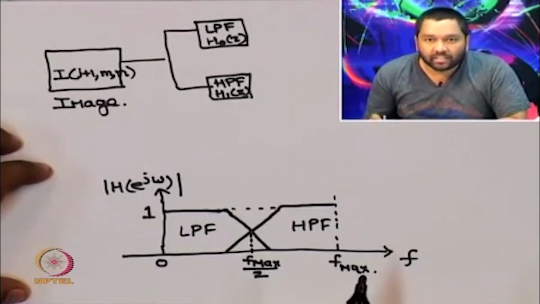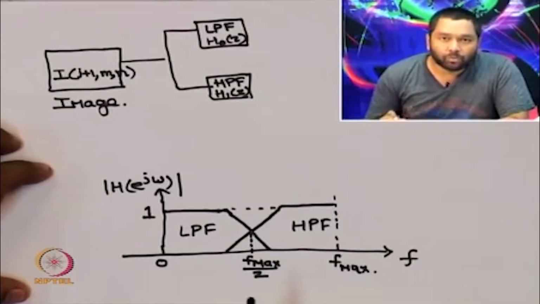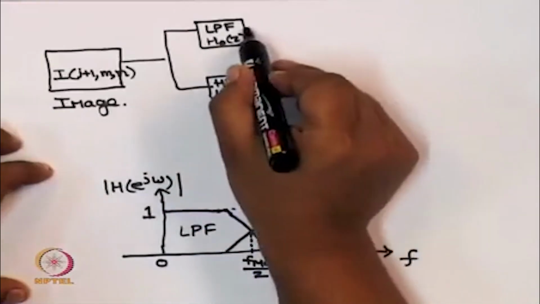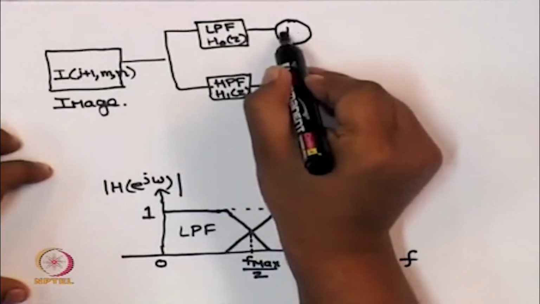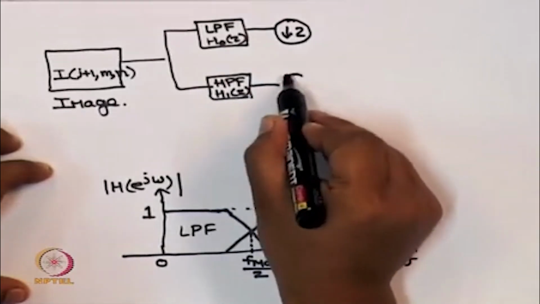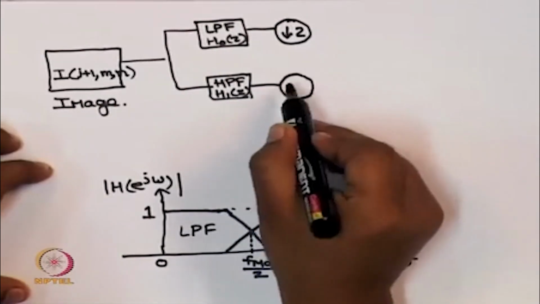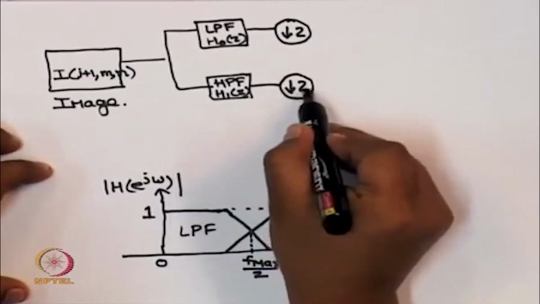So, to achieve this, we apply a downsampler by 2 operation at both the outputs of the low pass filter and the high pass filter.